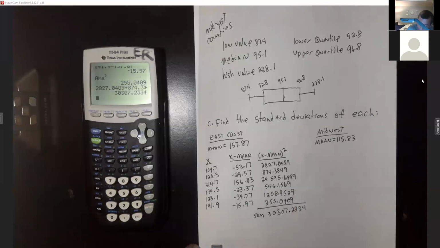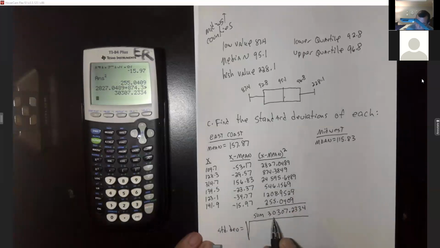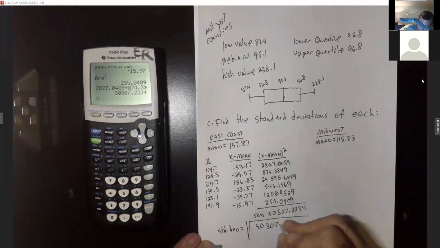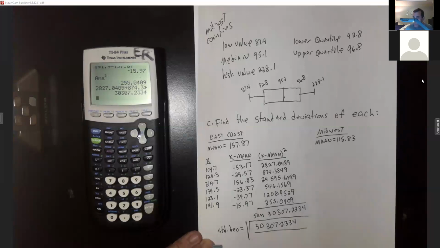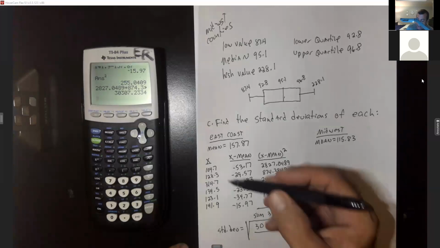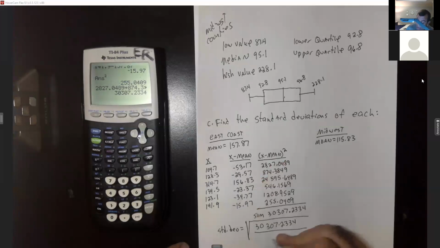Remember, my formula for standard deviation was the square root of my sum of all my numbers, which is the 30,307, divided by n minus 1. So let's think. What's the total number of data points I had? I had 1, 2, 3, 4, 5, 6. So this will be 6 minus 1, which is 5.